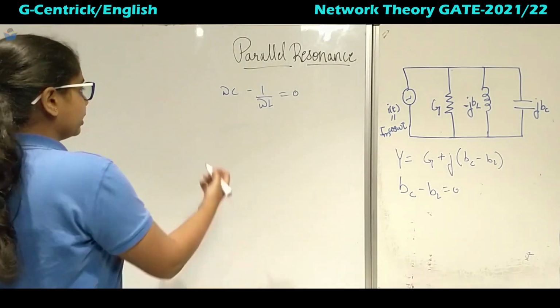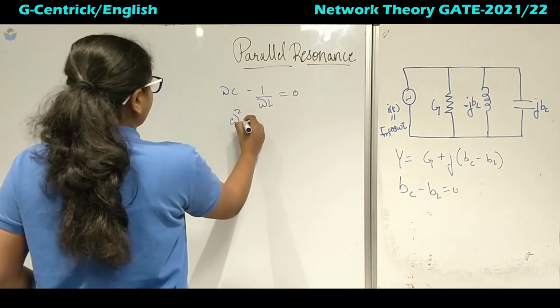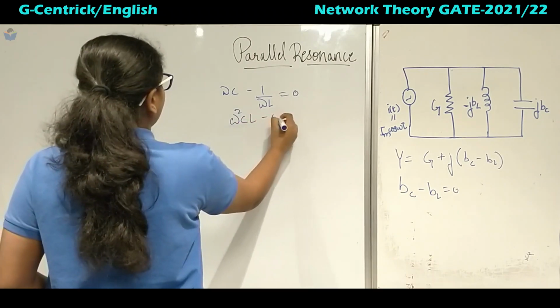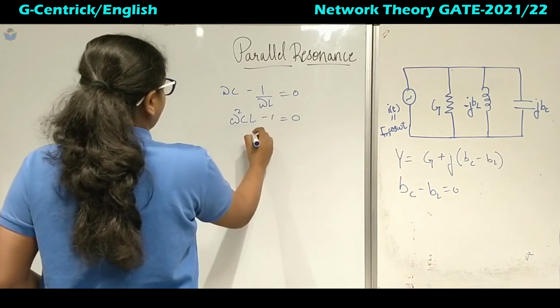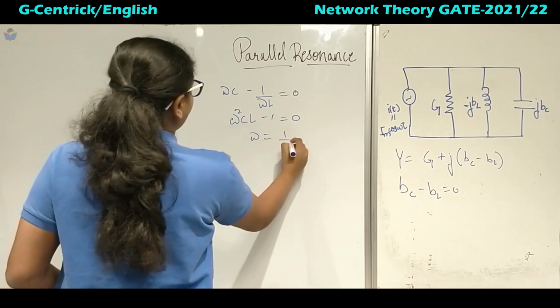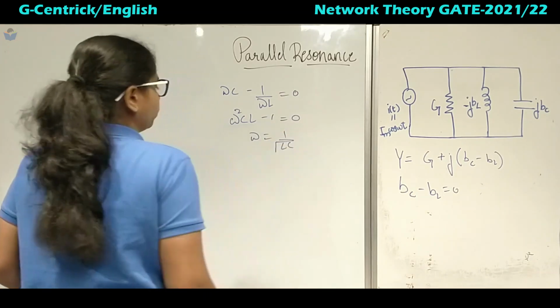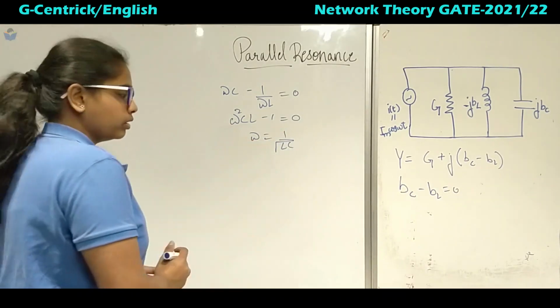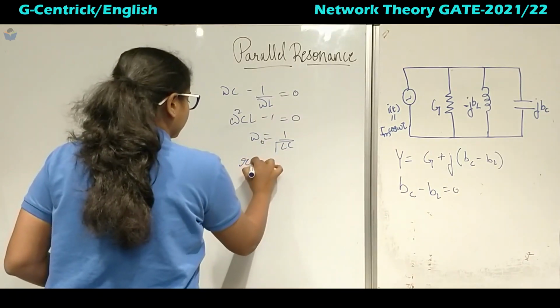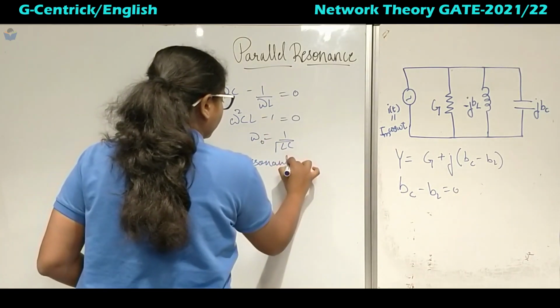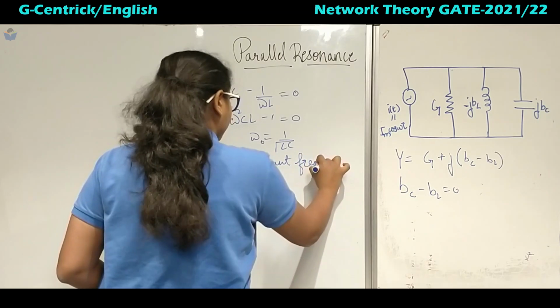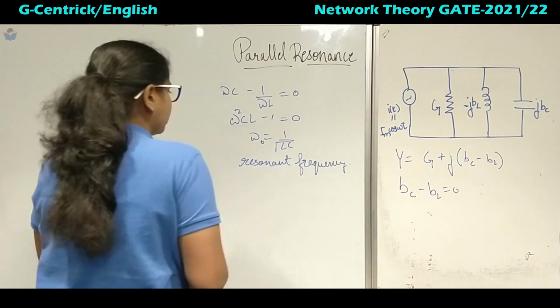Take the LCM: omega square CL minus 1 equals 0. So how much will you get? Omega equals 1 by root LC. This is nothing but the resonant frequency. Same thing we have got.